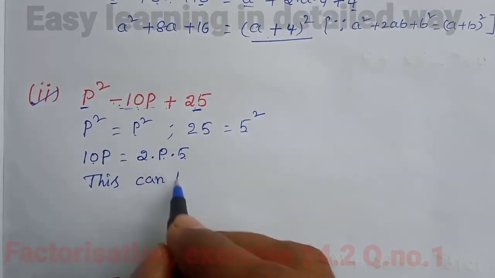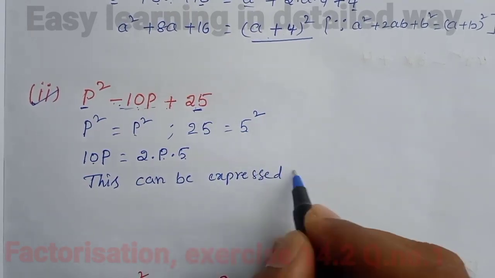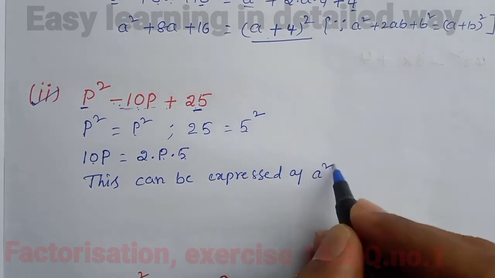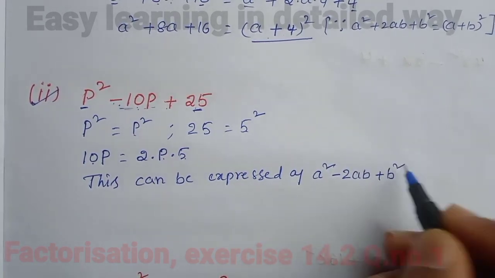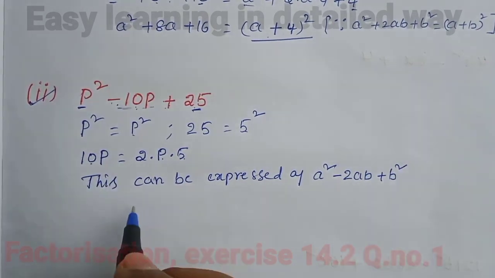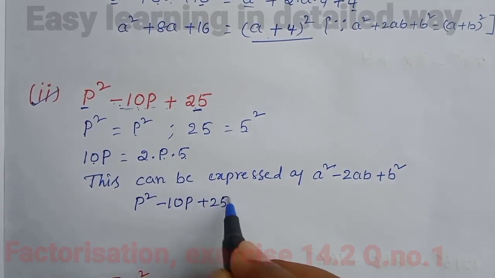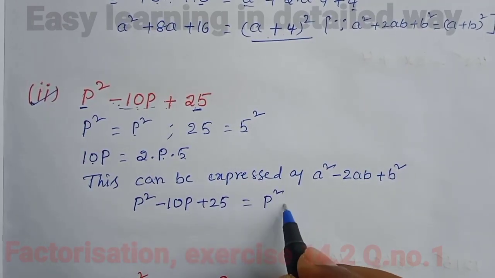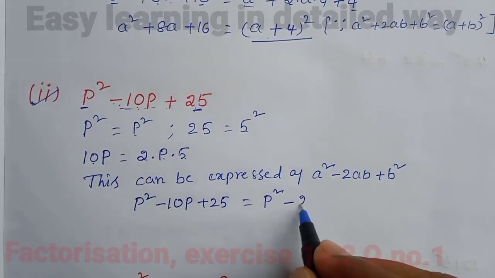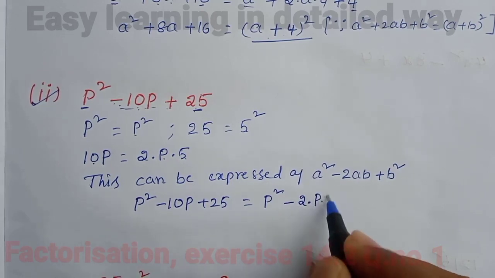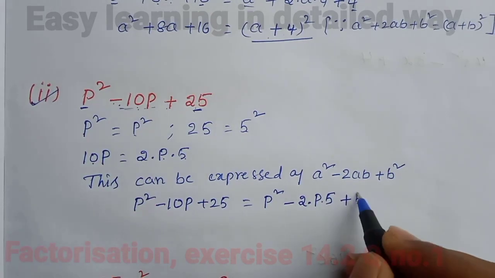This can be expressed as what? See a square minus 2ab plus b square. ఈ ఫామ్లో మనం ఎక్స్ప్రెస్ చేయొచ్చు. See how p square minus 10p plus 25 is equal to p square minus 2 into p into 5 plus 5 square.